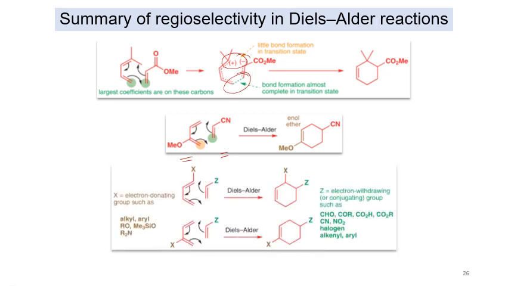Thus, we can remember this as a summary: when C is electron withdrawing or a conjugating group, and if X is electron withdrawing, then you will get this particular regioselectivity, the ortho selectivity as mentioned, whereas when you have electron donating substituents like alkyl, aryl, alkoxy, silyloxy or NHR2, then you will get the para adduct via a Diels Alder reaction, provided Z is electron withdrawing.